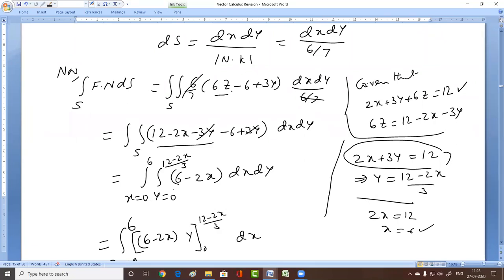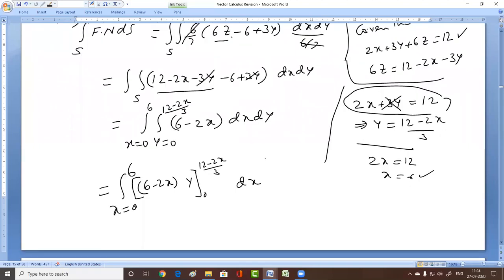So the y limit is 0 to 12 minus 2x by 3. Now after finding the y limit, just remove y: 2x equals 12, from this x equals 6, or you can find the x limit using the diagram. So 0 to 6 only.